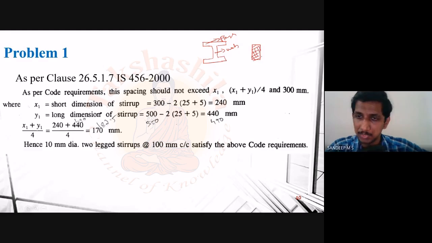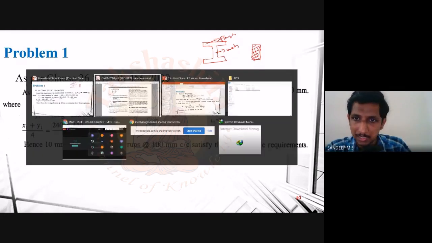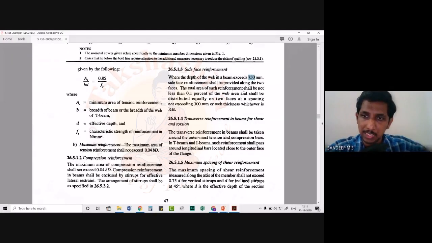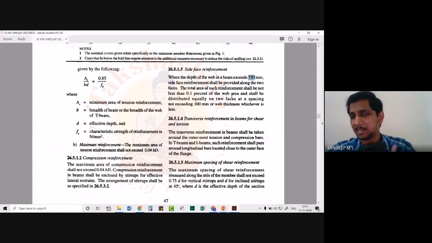This hatched area is your web portion, and here what they suggest is that the total area of such side face reinforcement shall not be less than 0.1% of your web area. So basically you have to calculate the total cross-sectional area and find 0.1% of that, and you have to provide reinforcement at least corresponding to that much area. Suppose the total area is 100, you have to find 0.1% of 100, that is 100 into 0.1 by 100.